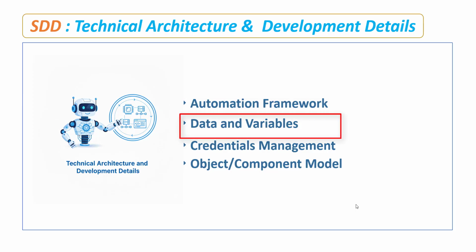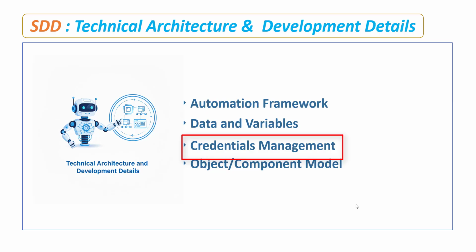Coming to the next subsection, that is Data and Variables, which defines key technical parameters, configuration variables such as file paths, business rules, retry counts, and the structure of the data logging and transaction recording. Whereas Credential Management subsection will give the details on how and where the robot will retrieve necessary login credentials.